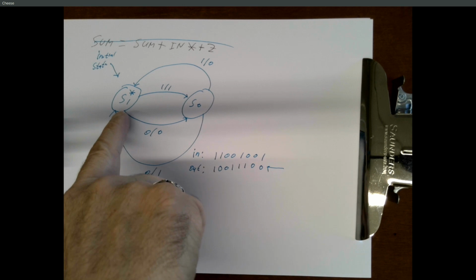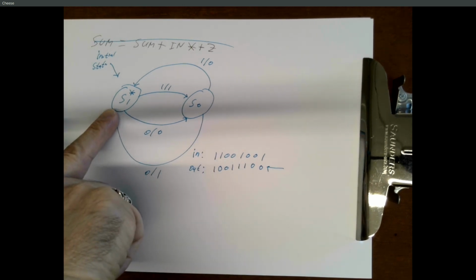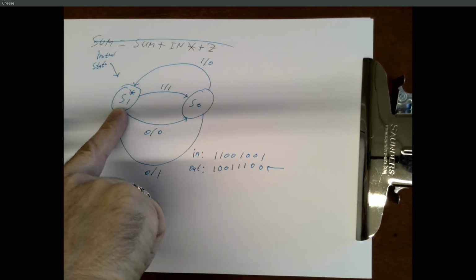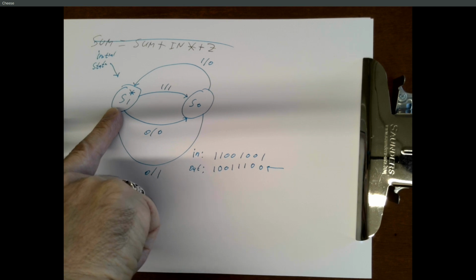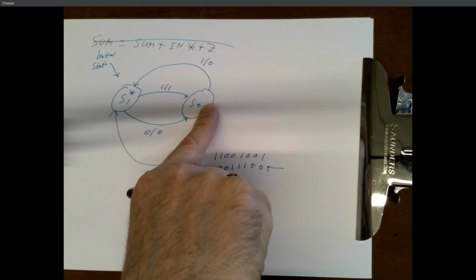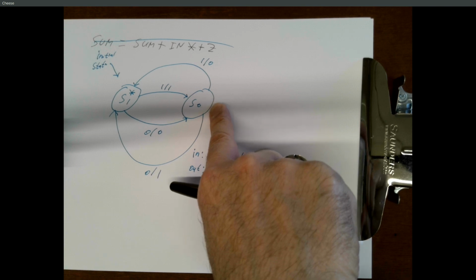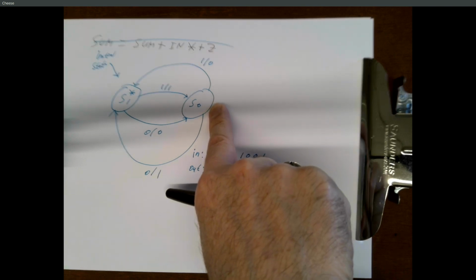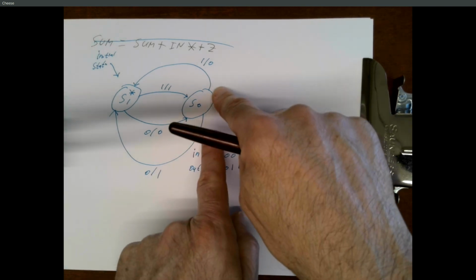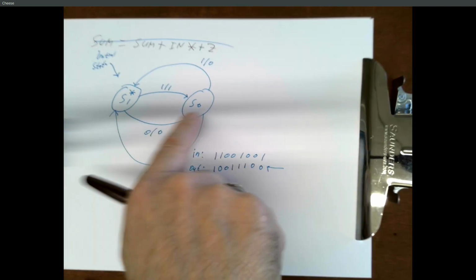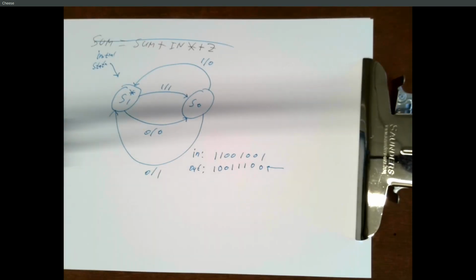If we're in state 1 and the input's a 0, what's our next state? S0. If we're in state 1 and the input's a 1, what is our next state? S0. So S1 always goes to S0. Once we're in S0, what's our next state after that? S1. It's guaranteed. We're just bouncing back and forth between 2 states.